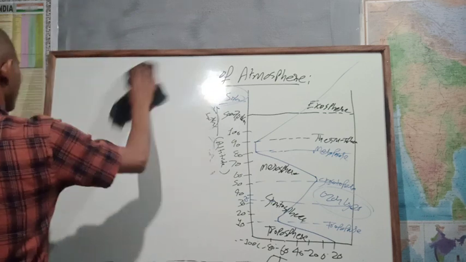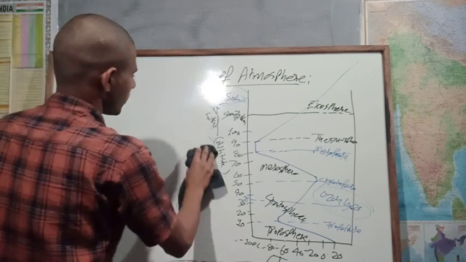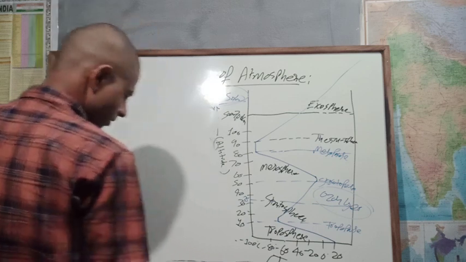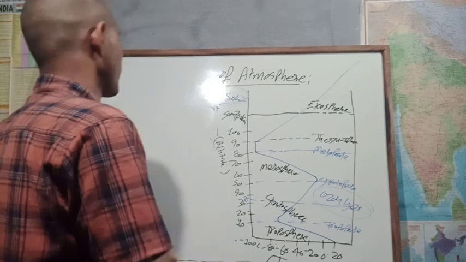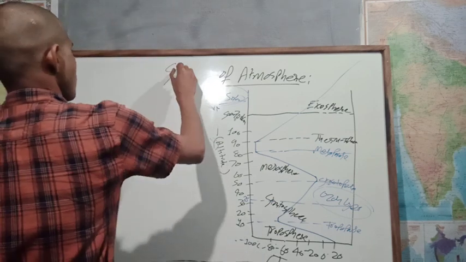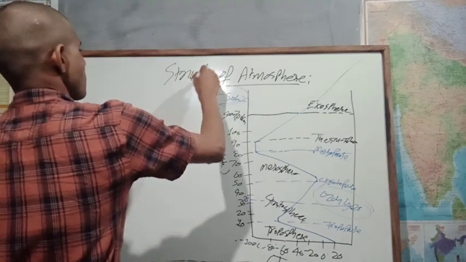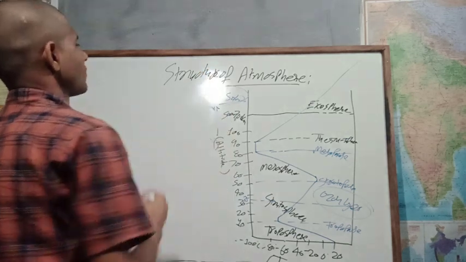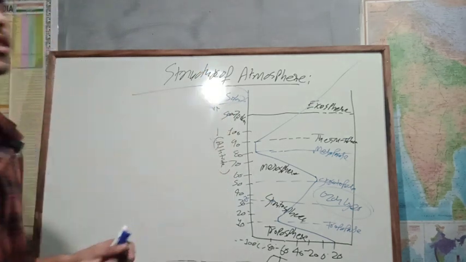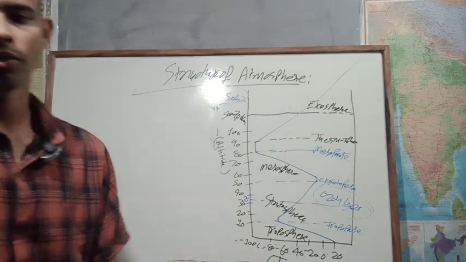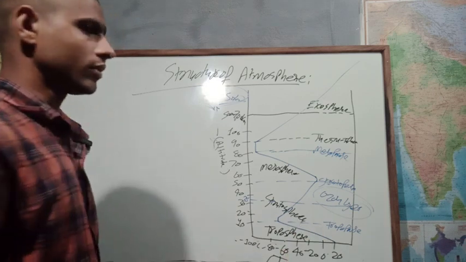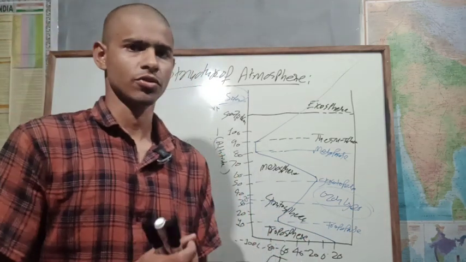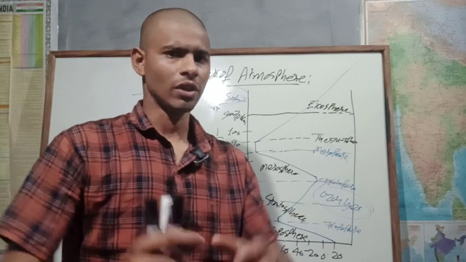We started with the structure of atmosphere, and we're still discussing it. In the structure of atmosphere, we divided the atmosphere into two layers. The inner one is called homosphere, the outer one heterosphere.